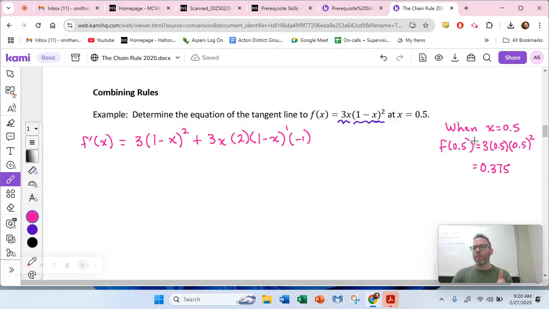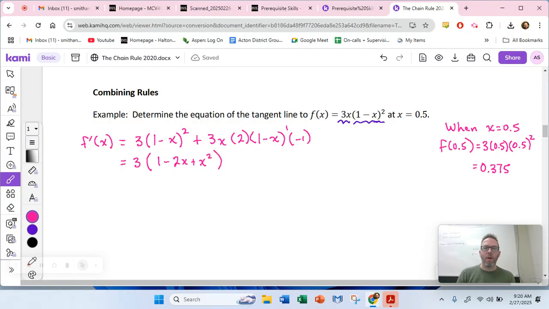Now, if you remember that last question on the quiz where plugging in 1 right away was probably more efficient, maybe you're better than me at this. I don't want to plug 0.5 in here. It looks way too messy for my taste, so I'm going to expand and simplify this all out. You could just plug in 0.5, that's no problem. For me, my brain can't handle that this morning.